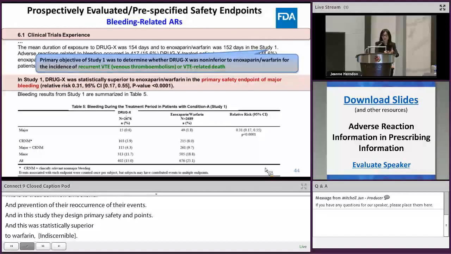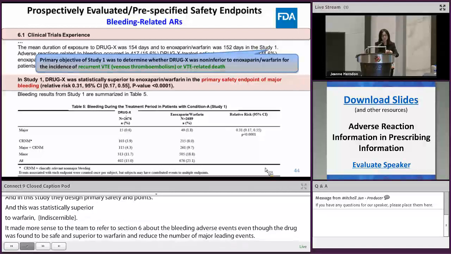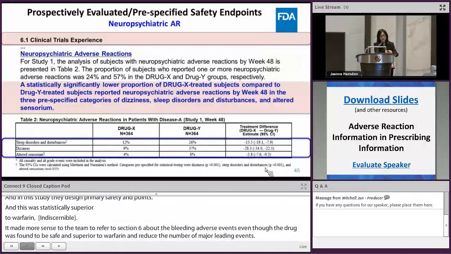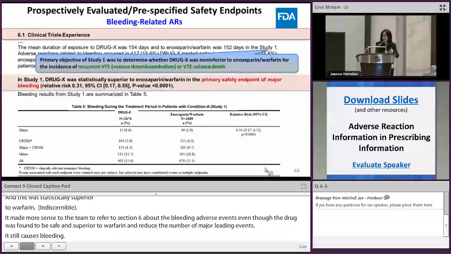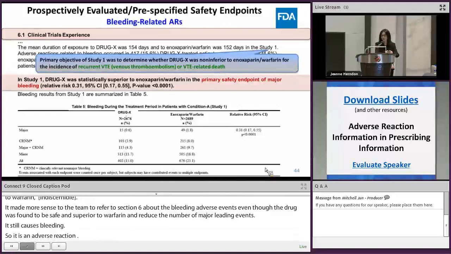So it's an adverse reaction. It made more sense to present this data in Section 6. So that's one example. And note that here in the example, if you've got pre-specified analyses and it's valid to present statistical information like p-values, feel free to do so. But if you didn't pre-specify, then the guidance would recommend that you omit this statistical testing because it would be misleading and hasn't been adjusted for.